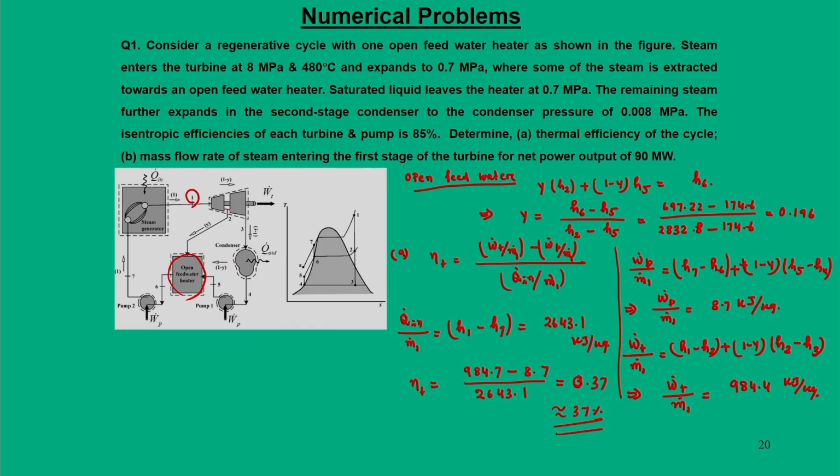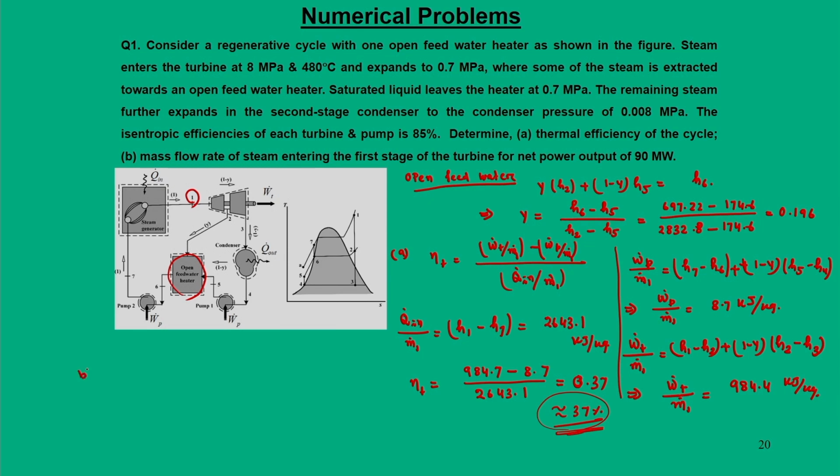That means, through this regenerative cycle with open feed water, the thermal efficiency will be higher as compared to a conventional cycle. So, this is the efficiency range for a regenerative type cycle.